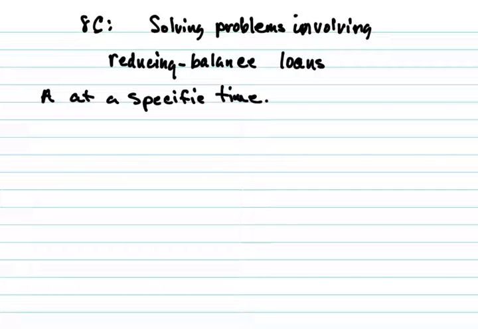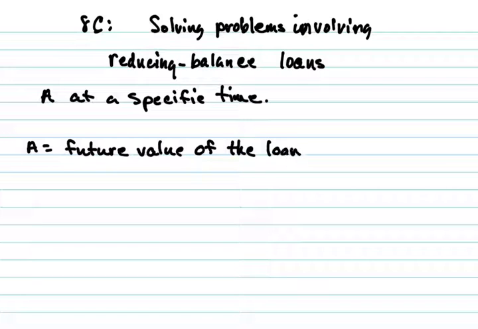And we're going to use a formula for it, and in order to use the formula, we need to know some specific information. Well, we already talked about A. A is simply the future value of the loan, and this is specifically a reducing balance loan. Okay?